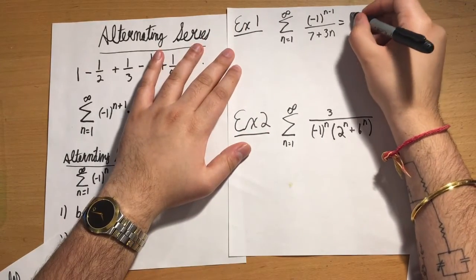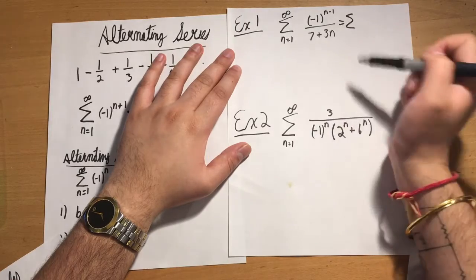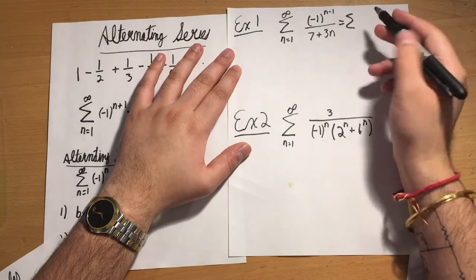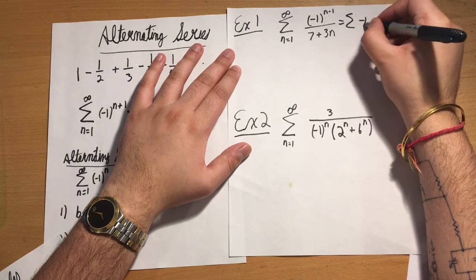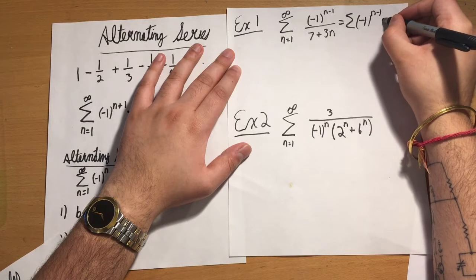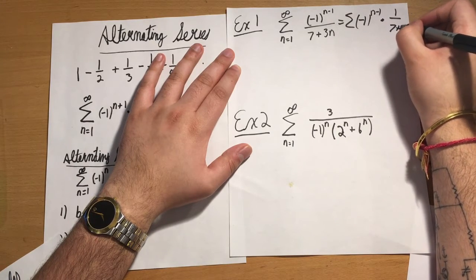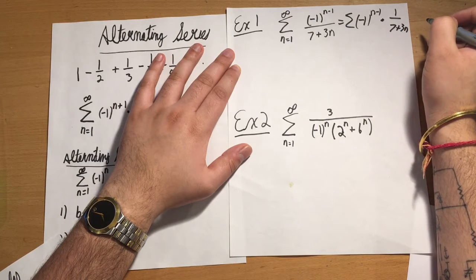It's still a series; I'm not going to write the indexes, just keep in mind that these will carry over. So we have (-1)^(n-1) times 1 over 7 plus 3n.